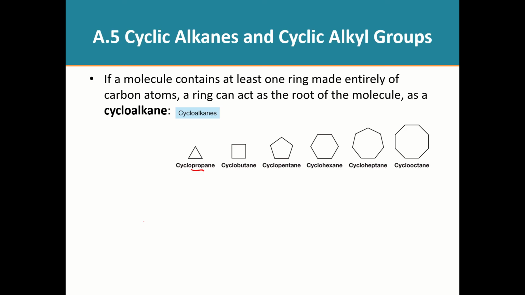That's telling us we have 3 carbons. And then the ane tells us that we don't have any double or triple bonds. And then we have a prefix right here, the cyclo, which tells us that the 3 carbons in propane are in a ring. So we have a cyclopropane, cyclobutane, all the way to cyclooctane.